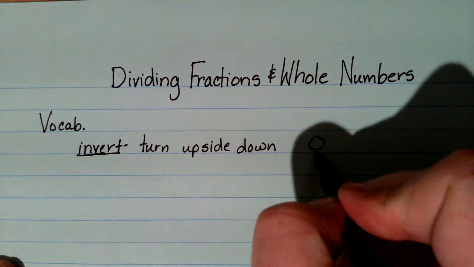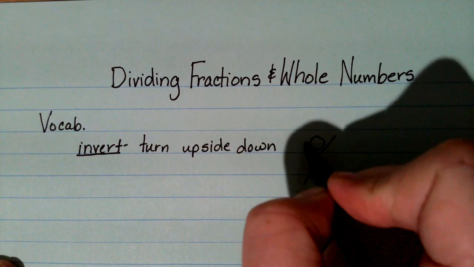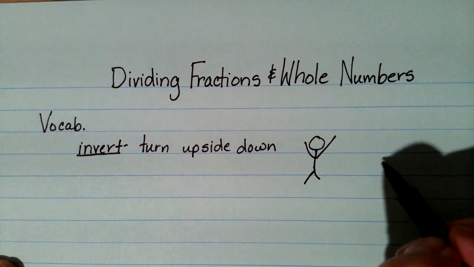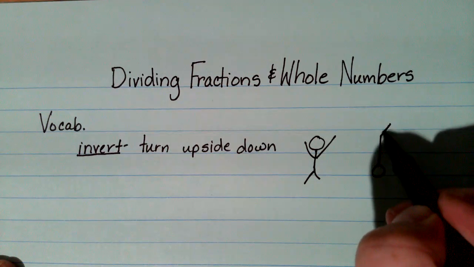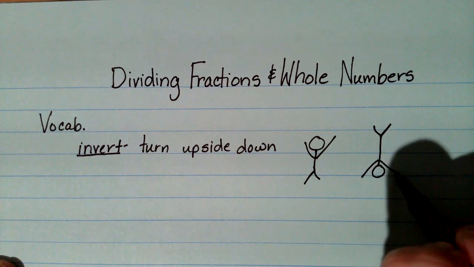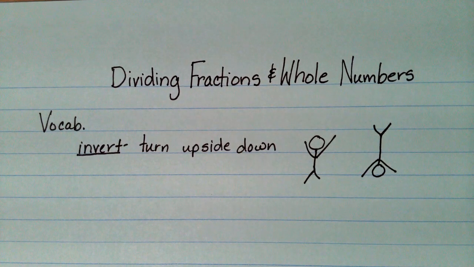So here's my person, standing on their 2 feet, arms in the air, and then all of a sudden they are upside down with 2 feet in the air and hands on the ground. That is an example of how things become inverted.